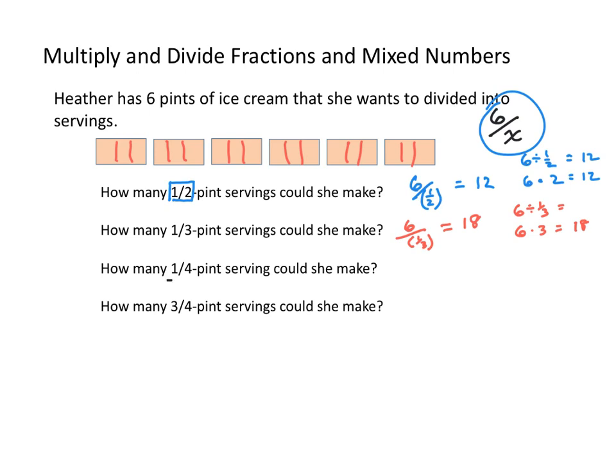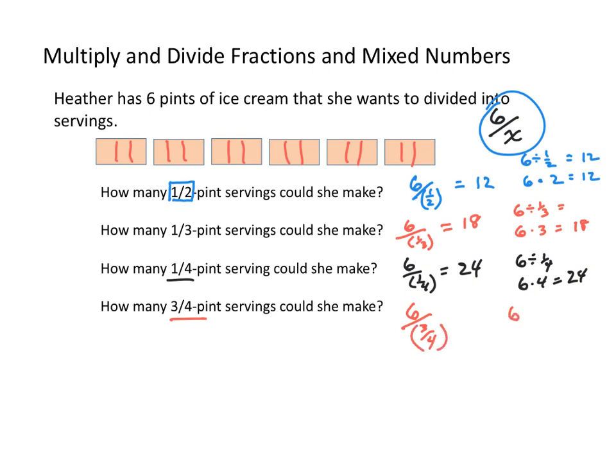All right, so if there's 1/4 pint servings, that would be 6 divided by 1/4, which is 6 times 4, that's 24. 6 divided by 1/4 is 24. All right, challenging. Okay, how about 3/4 pint servings? Okay, we'll follow the pattern. 6 divided by 3/4.